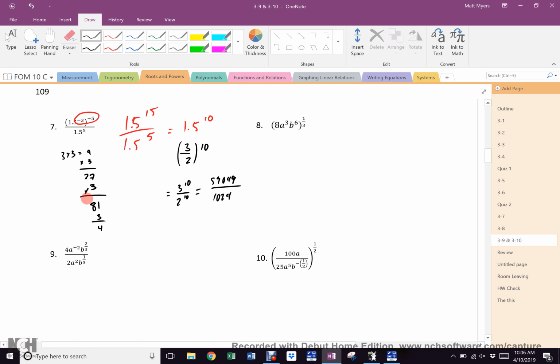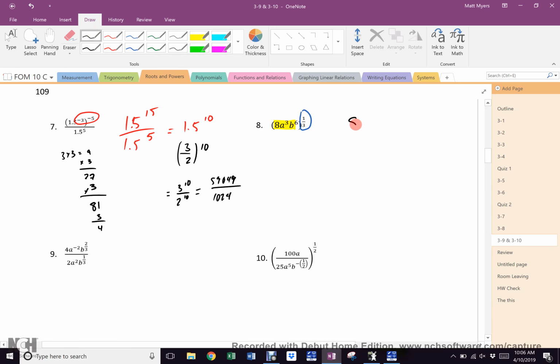All right. Number 8. Actually difficult. What do you know about that exponent and that whole base? If that wasn't 1/3, if it was just an exponent, where would it go? It would go to all of them.